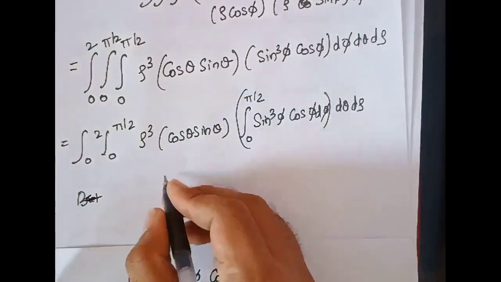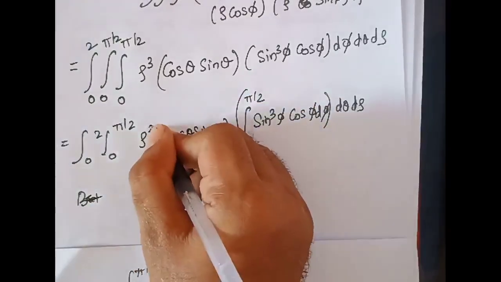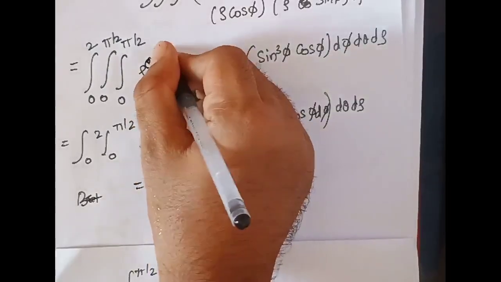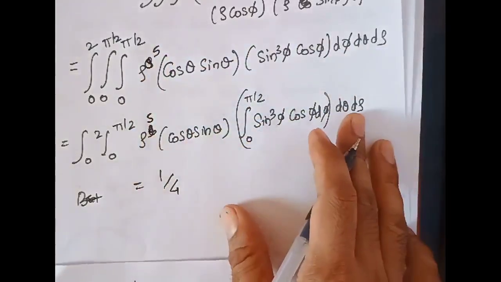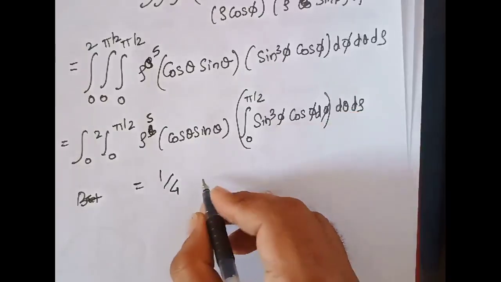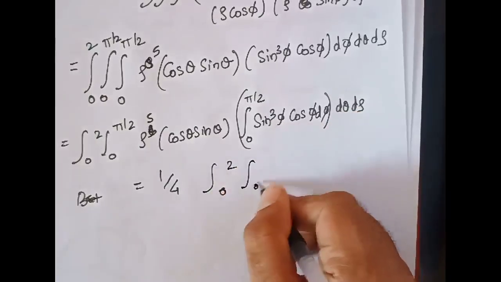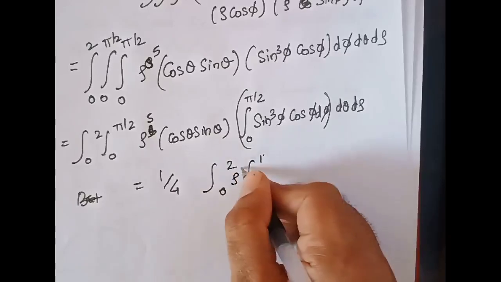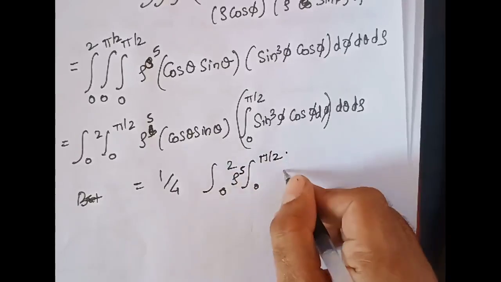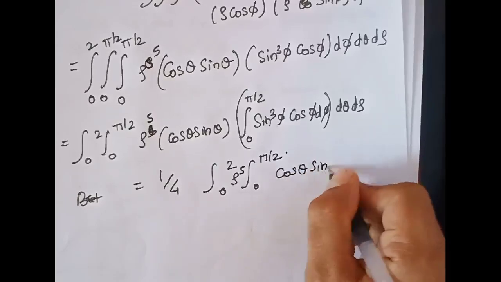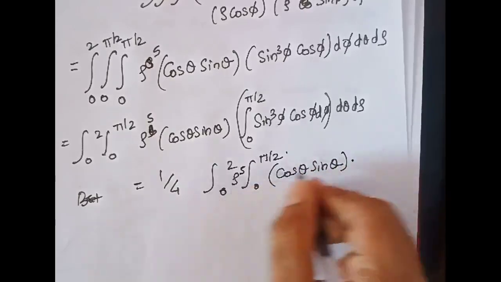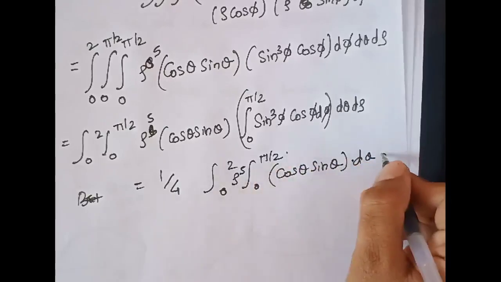So sorry, the power of rho is 5, and we have the integral from 0 to 2, 0 to pi by 2, of rho raised to 5, with cos theta sin theta inside, d theta d rho.